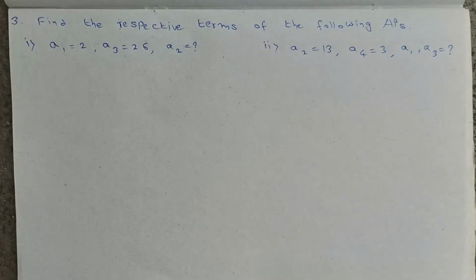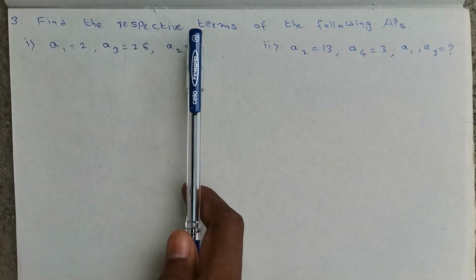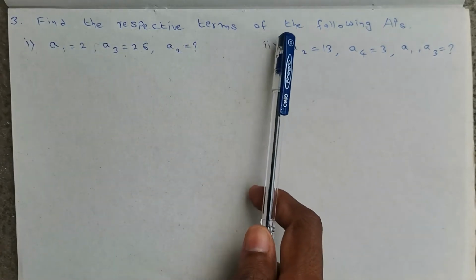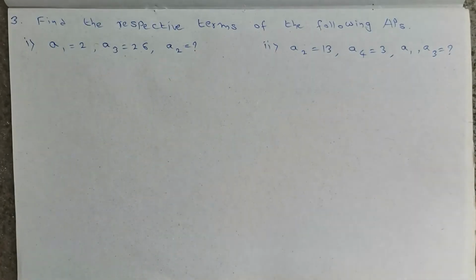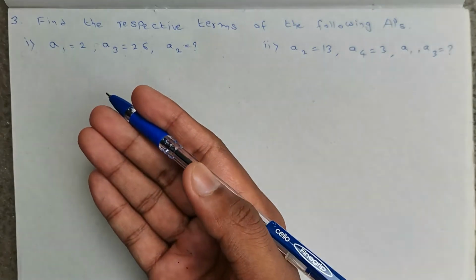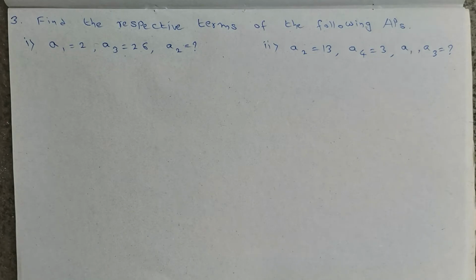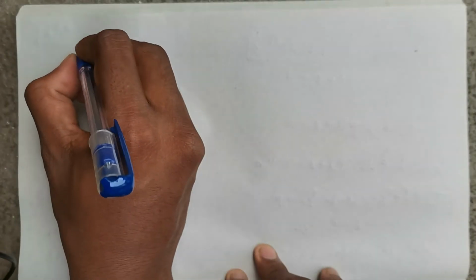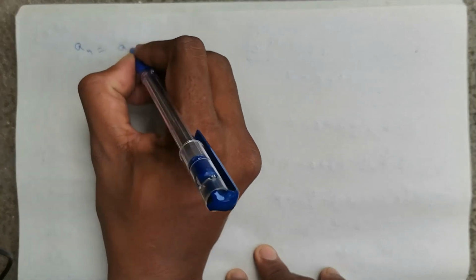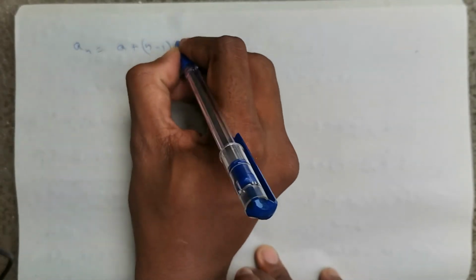Okay, the next, third bit is find the respective terms of the following APs. Before going into this, let us have a little discussion about another concept. Till now we wrote the general formula, an is equal to a plus n minus 1 into d.